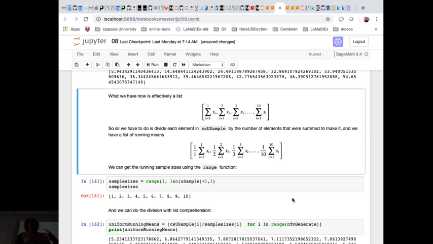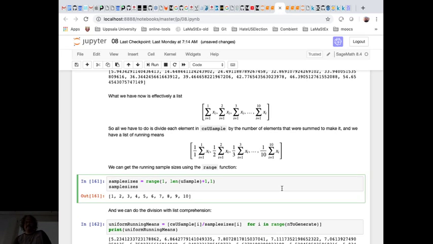So the behavior of the running mean is the whole point of the central limit theorem. What I mean by behavior of the running mean is, if I repeat the experiment again and again with multiple running means, what is the distribution of the running means at any n? The central limit theorem says something about how that is distributed.